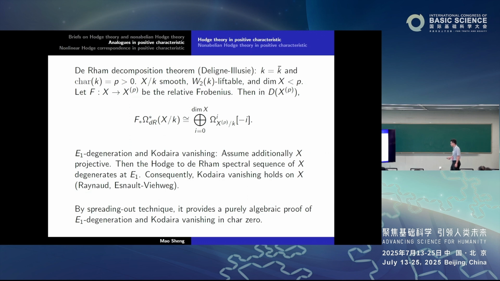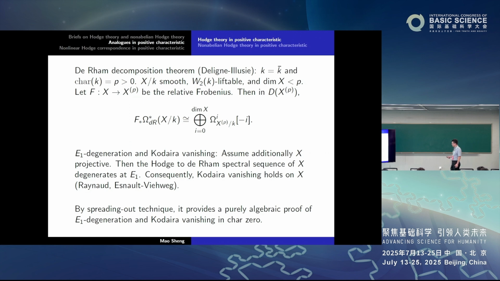Okay, and I would like to remark that the condition in the theorem of Deligne-Illusie is almost optimal. So you cannot drop the condition of smoothness, for example. Actually, there's an open problem by Illusie.